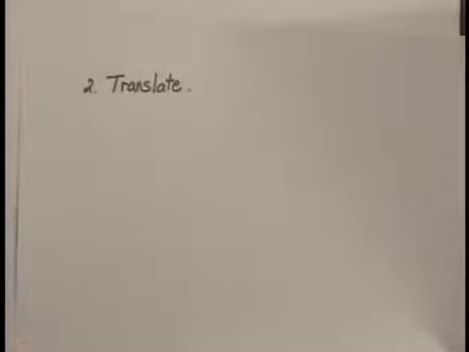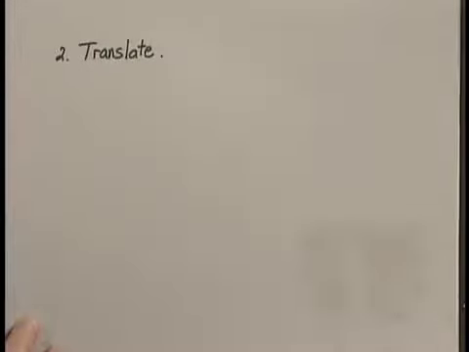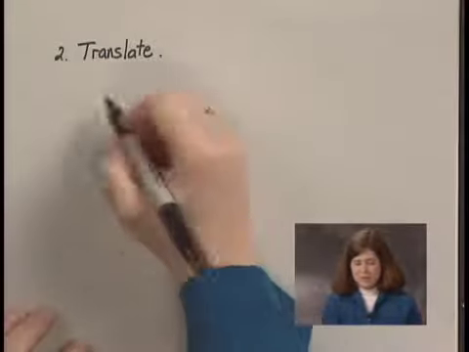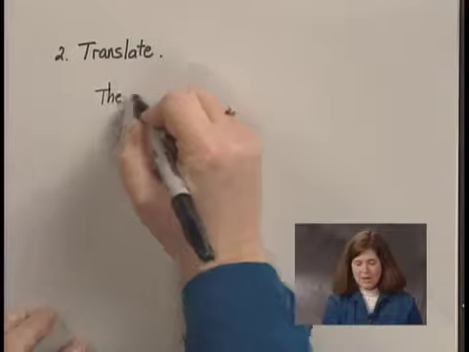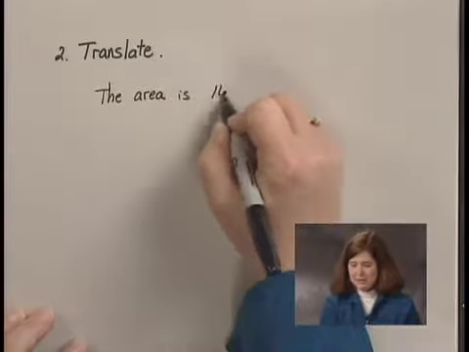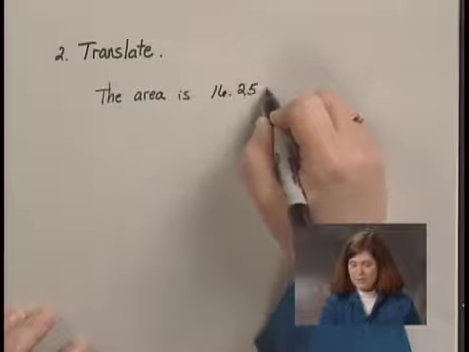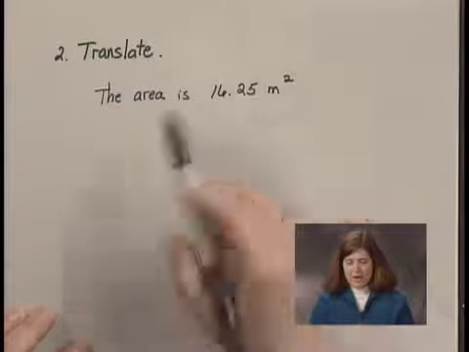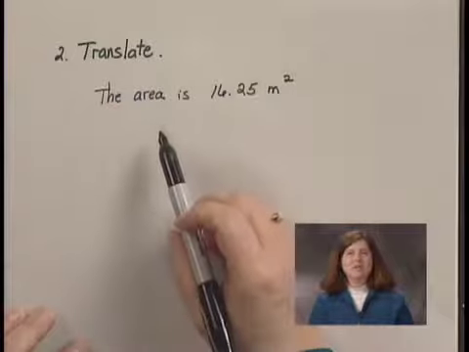problem to math language. To translate it, I'm first of all going to write the statement about the area that was given in the problem. The area is 16.25 square meters. Now, how can we write the area in terms of our variable L?